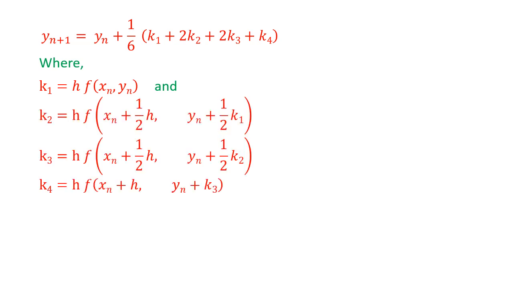So these are the approximations. First we'll find the value f of xn and yn. Not an approximate value, we have the exact value f of xn and yn. Then we have another function value at the midpoint, f of xn plus half h and yn plus half k1, as we have already explained.